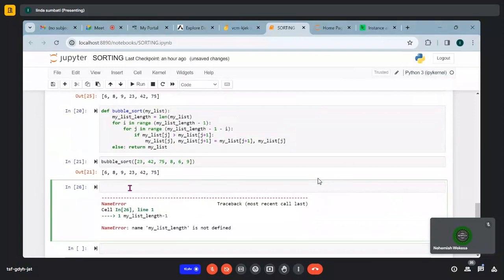Okay, let's give that 6. Can I write it down? Yes. So what is the variable of it? Let's just call it test list. Test list equal to 6, 8, 9, whatever.